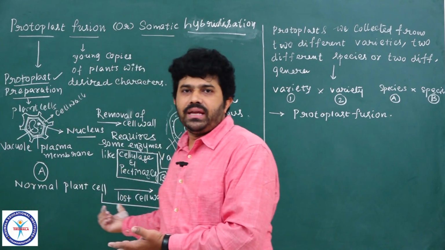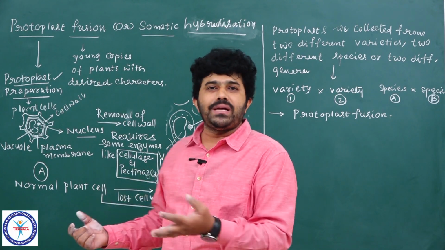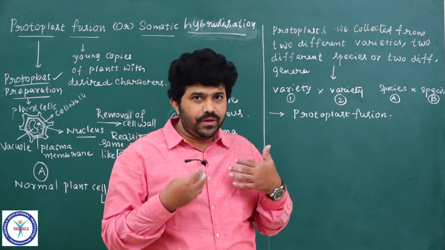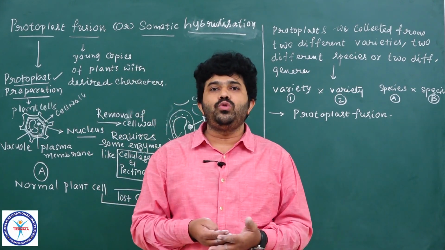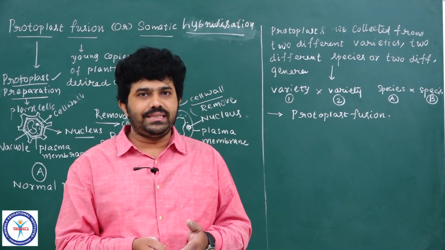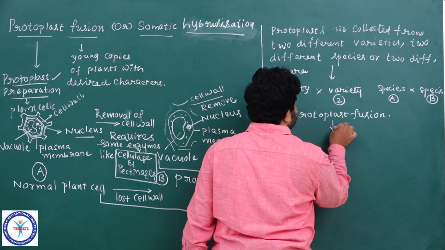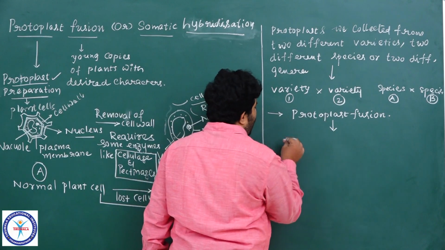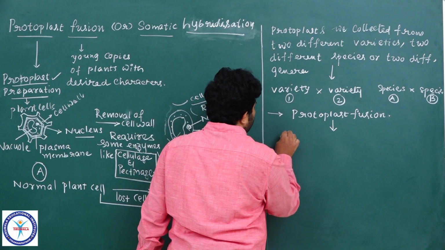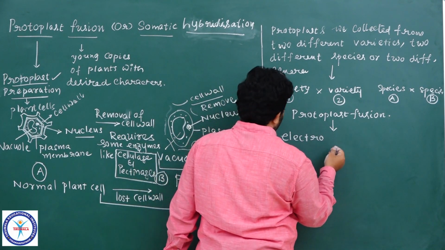The plant cells we have taken are changed into protoplasts, and protoplasts do not mix with one another easily. If we want to mix them, we should use some chemicals or some physical factors. To perform protoplast fusion, we follow, for example, electro fusion.